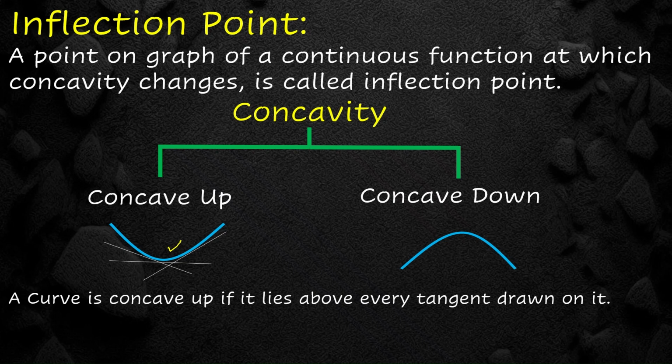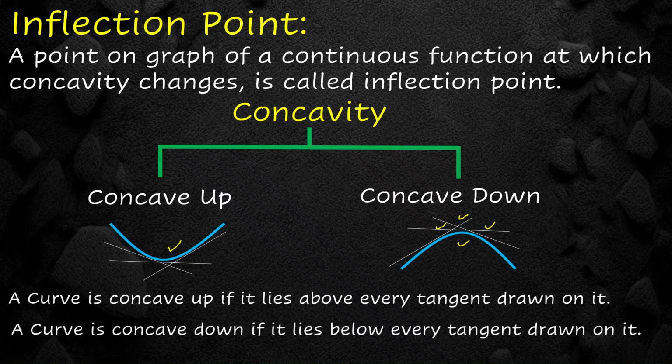Similarly, if the curve is below every tangent drawn on the curve, then the curve is said to be concave down. So, a curve is concave down if it lies below every tangent drawn on it.